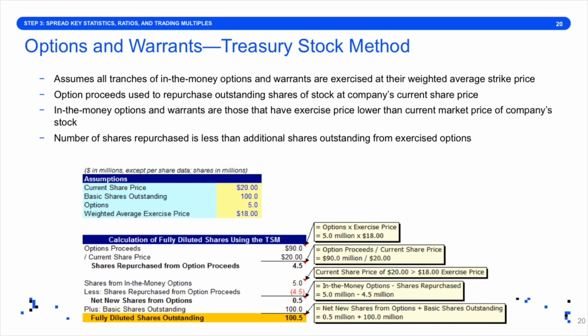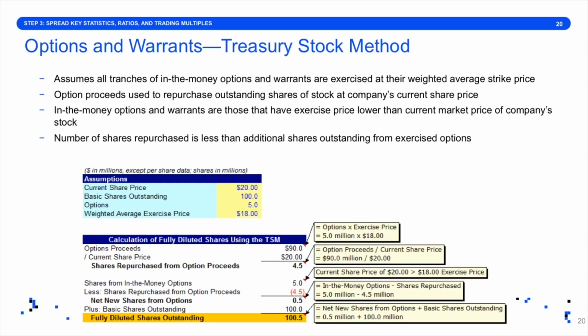A company has 100 millions of shares outstanding. Then the company also has 5 millions of options. Now, the 5 millions of options are potentially 5 million of additional shares existing. Okay?